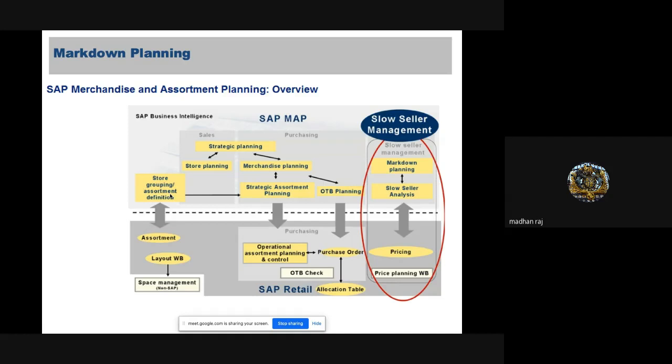In markdown planning, you define a rule. Consider a season of 3 months. In the first 3 weeks of the season, at least I should sell 20% of my merchandise. If I sell that, I'm going in the right direction, and I don't need to go for any promotions.